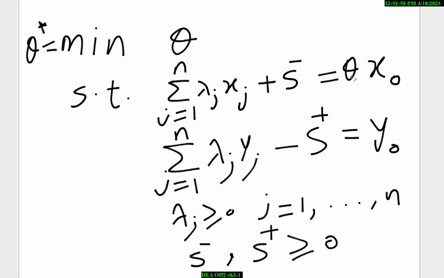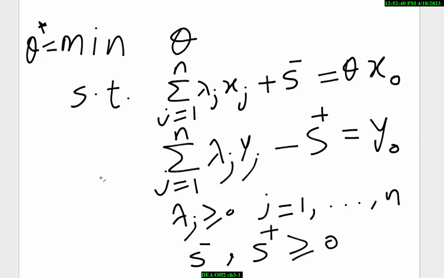But when theta star is less than 1, it shows we can produce at least the outputs of DMU o with the smallest ratio of the inputs. So it is obvious that when theta star is less than 1, the DMU is dominated by this combination of inputs and outputs that produces at least the same outputs with fewer inputs.